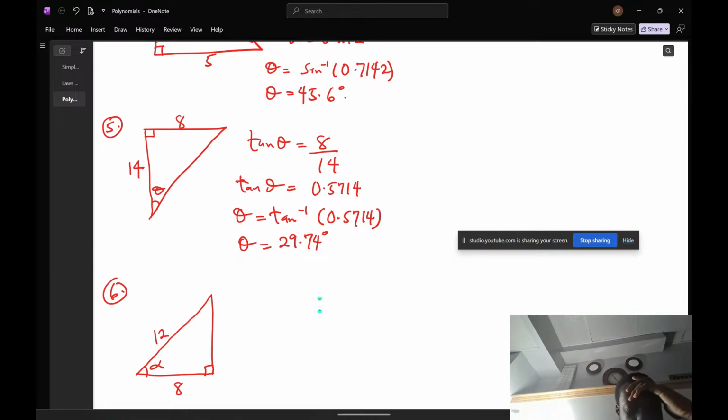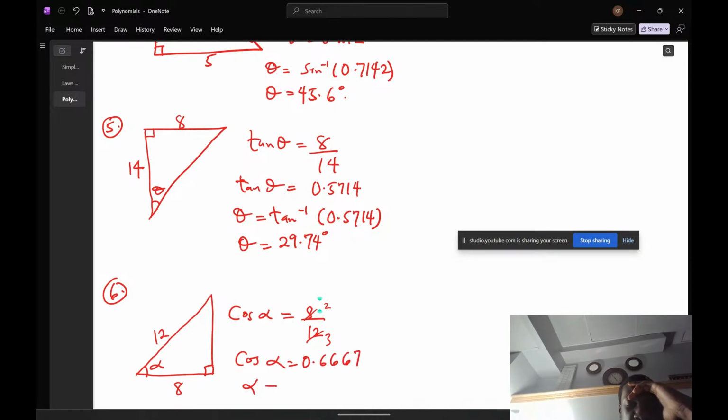Okay. So in this case, we're given the hypotenuse and we're given the adjacent. So we're going to use cos theta, cos alpha now. So cos alpha is equal to 8/12. Okay. So 8 divided by 12, we use 4. This is 2, this is 3. So 2 divided by 3, so that will be 0.6667.